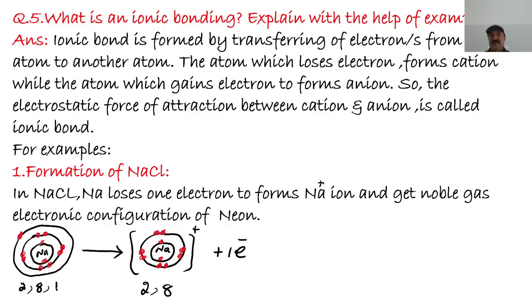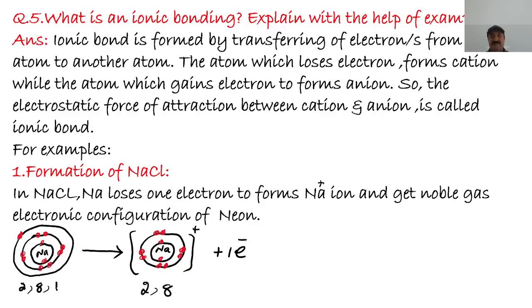So an ionic bond is formed by transferring electrons from one atom to another atom. The electrostatic force of attraction between cation and anion is called an ionic bond.